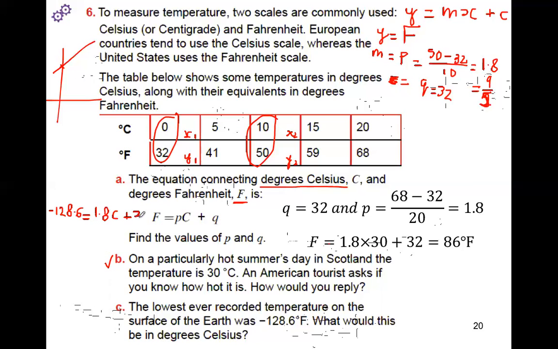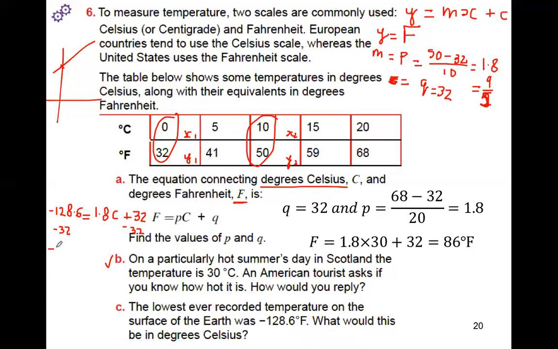To solve this, the first thing you would do is take away 32 on each side. So I'm taking 32 away from that side, and you need to take it away from that side. And remember, adding on a negative makes your number even bigger negatively. So you add those two numbers, 128.6 plus 32, which is 160.6.